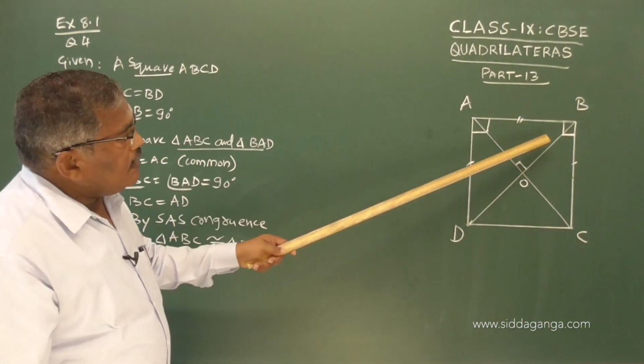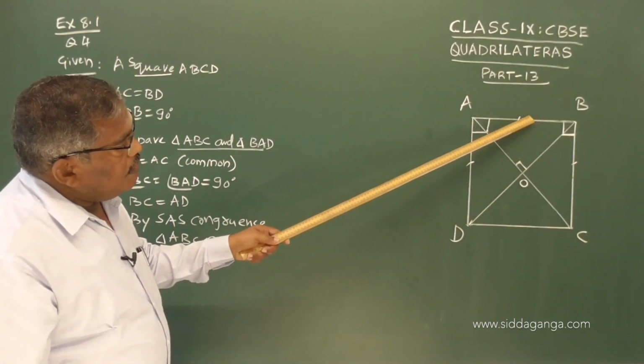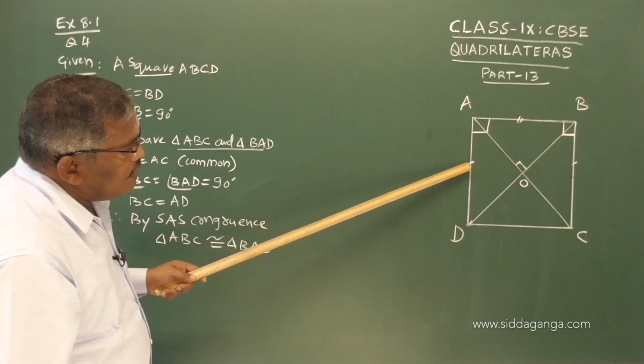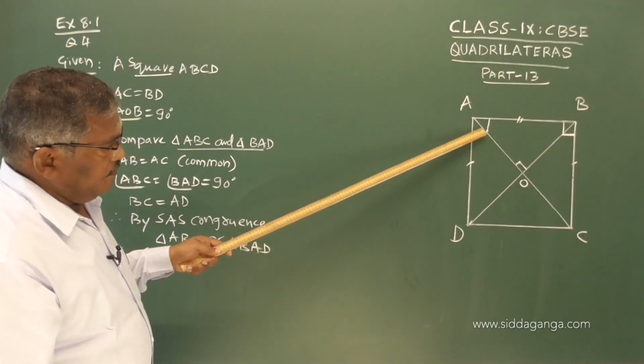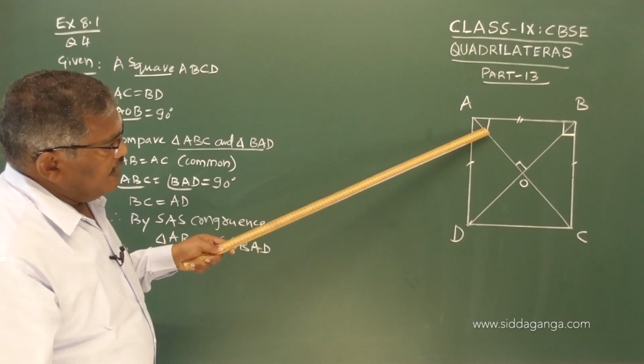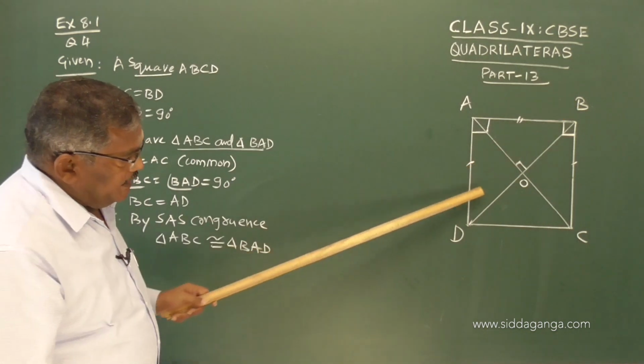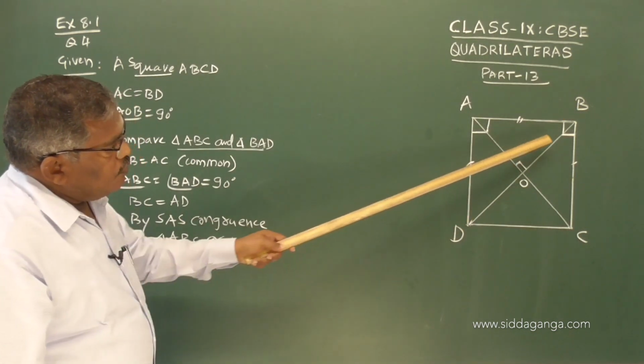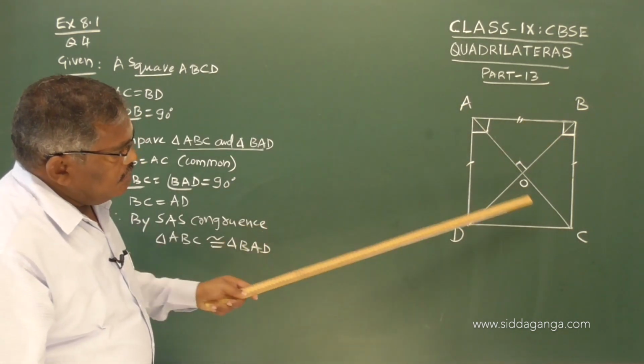When these two triangles are congruent, this is common side, this side is equal to this side, this is 90 degree and opposite to this 90 degree BD is the side and opposite to this 90 degree AC is the side.